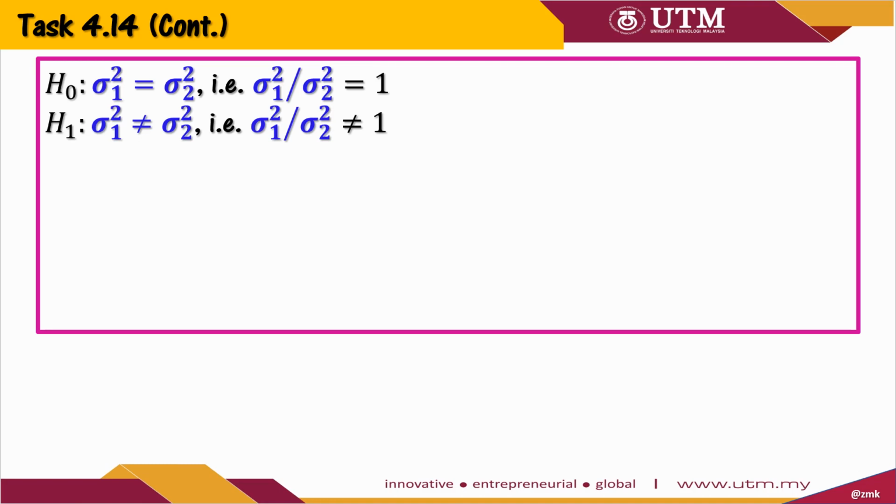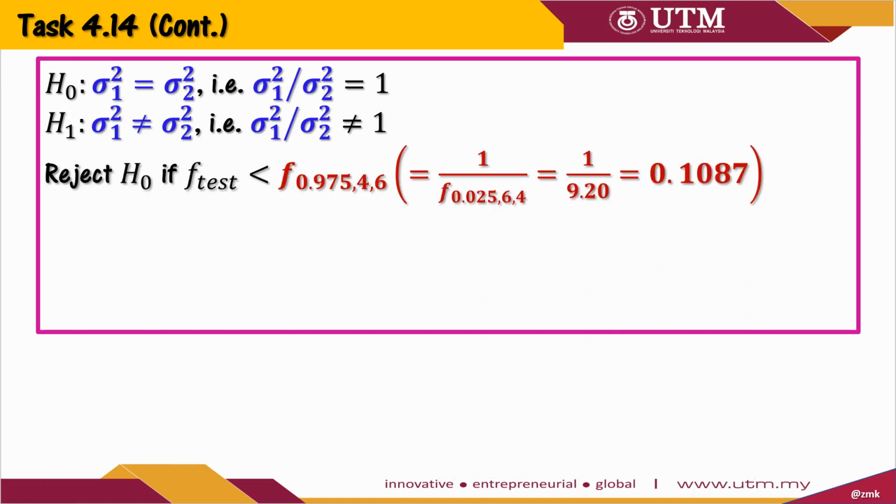Since we have a two-sided alternative hypothesis test, the rejection rule is: reject H0 if the F test is less than the left-sided critical value, which is F(1 minus alpha over 2; 4, 6). Since alpha is 5% or 0.05, 1 minus alpha over 2 is simply 0.975. Then the left-sided critical value is F(0.975; 4, 6).